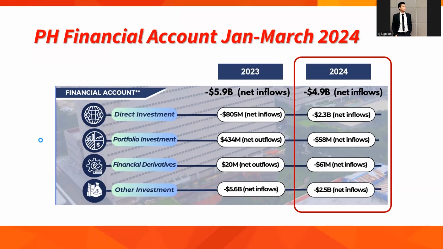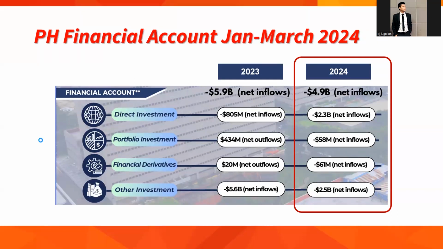As you can see, we have a negative 61 million net inflows, and it is a much higher amount than the previous year. For our financial derivatives, the increase is because of our net gains through hedging, spot and forward transactions, and interest swap activities.